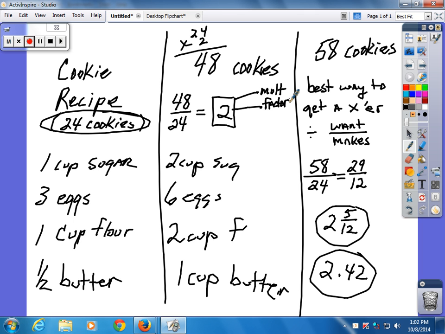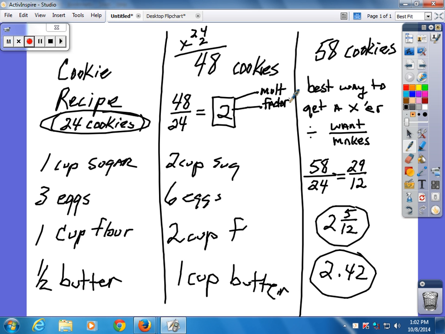All right, what if I wanted to make 75 cookies? Well, you take 75 and divide it by 24. What do you get? 3.1 is your multiplying factor for 75 cookies. You see what I'm getting at? If I want 100 cookies, you take 100 and divide by 24.